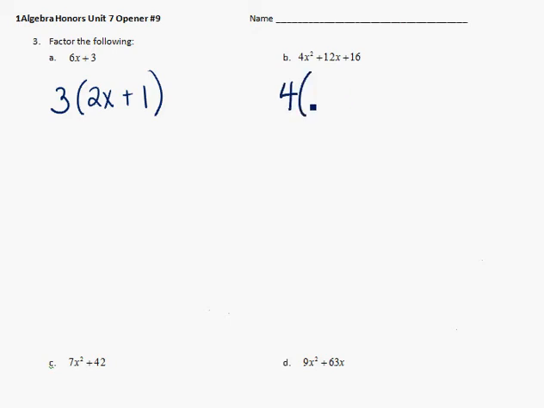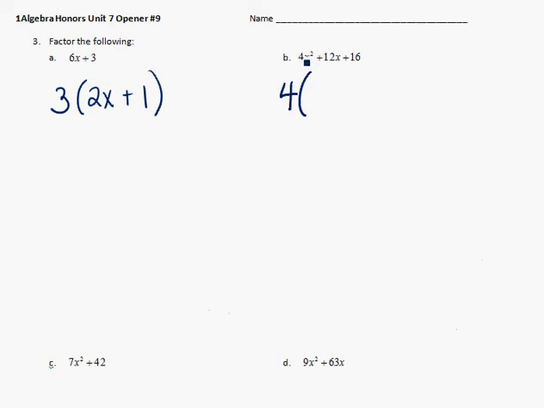And then again, we want to think about what am I distributing 4 by in order to end up with my original expression. Another way that you could think about this is dividing every single term in the expression by 4. We're not really dividing by it because the 4 is still there, but doing that will help us to figure out what goes inside the parentheses here.